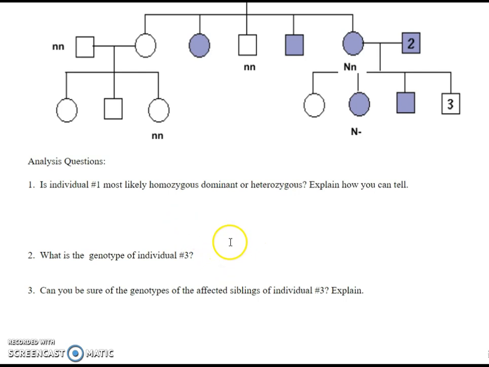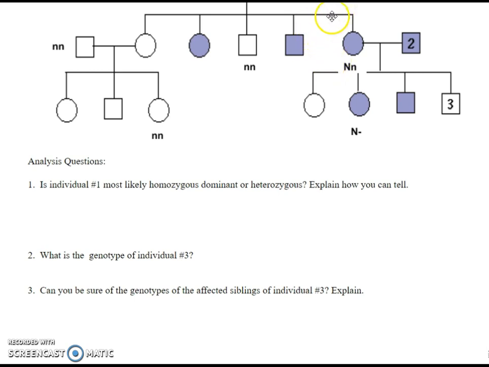It is certain that the 2 unaffected siblings are genotype lowercase n, or homozygous recessive. The 2 affected siblings would be either genotype capital N, lowercase n, heterozygous, or capital N, capital N, homozygous dominant.